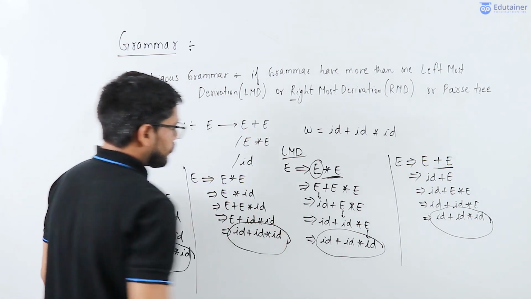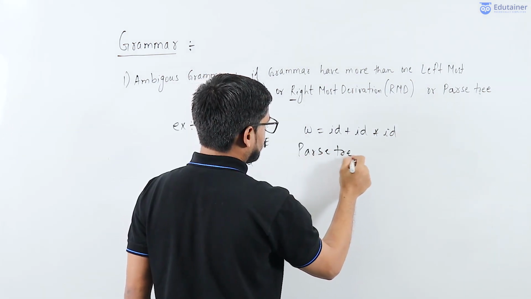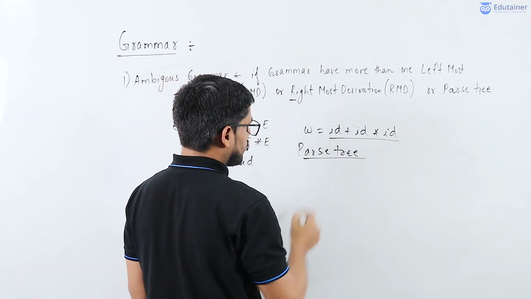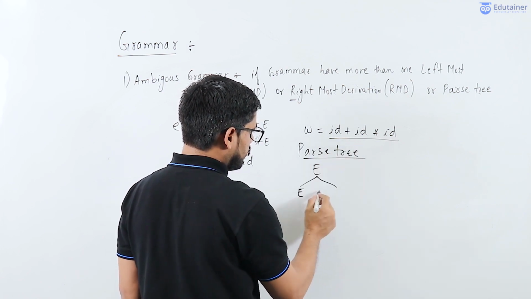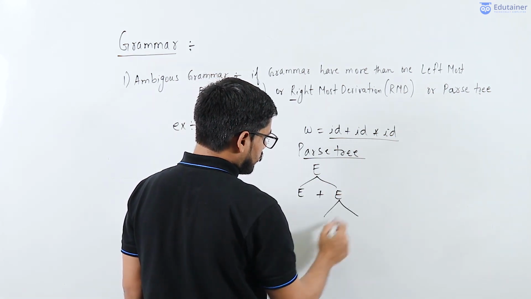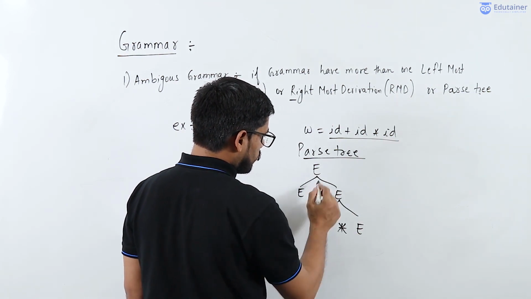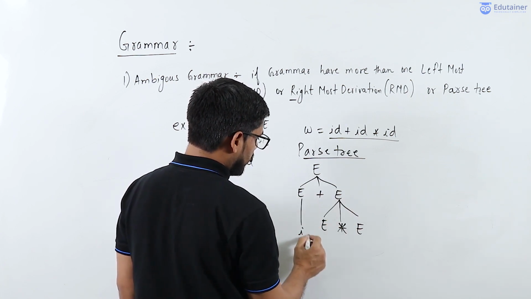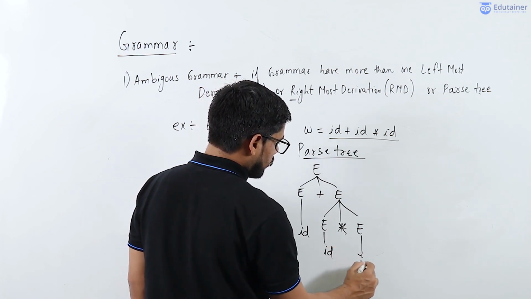Coming to the parse tree, note it down here, parse tree. So how can we construct the parse tree for this string? The parse tree for this string will look like this. E derives E plus E, then this E can be replaced by E star E, and then this E can be replaced by ID, this E can be replaced by ID, this E can be replaced by ID.